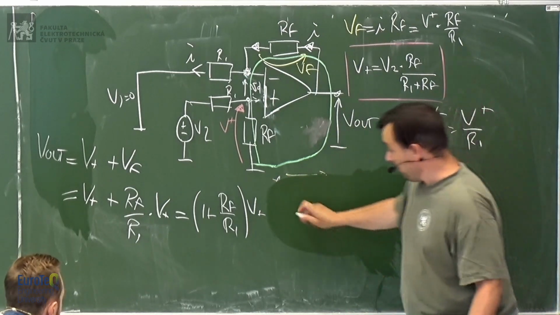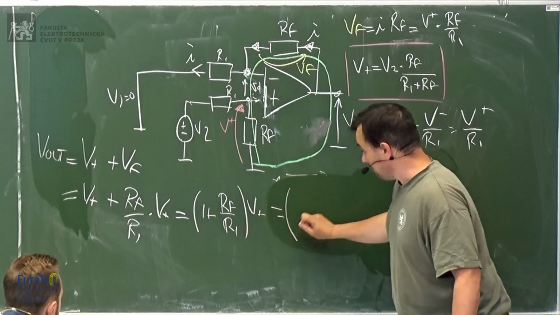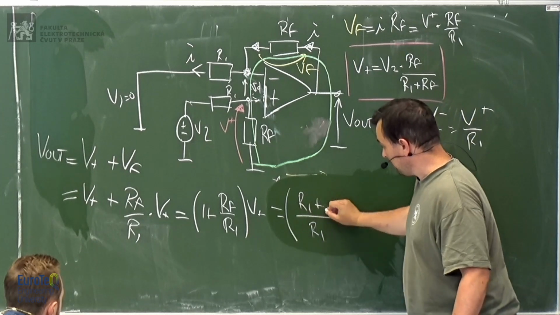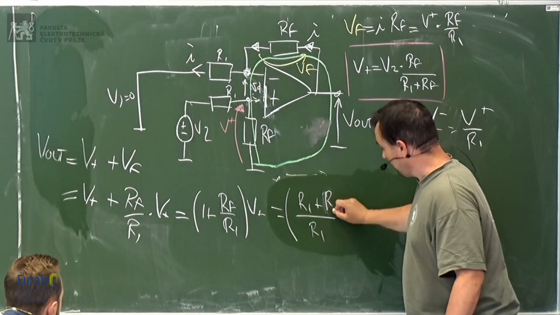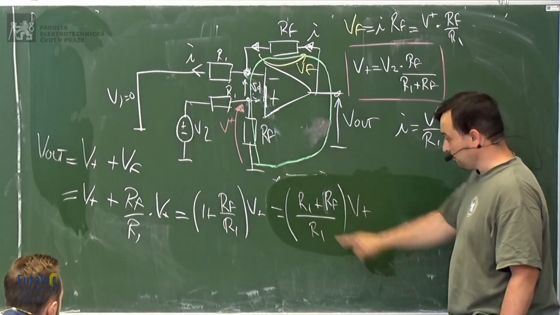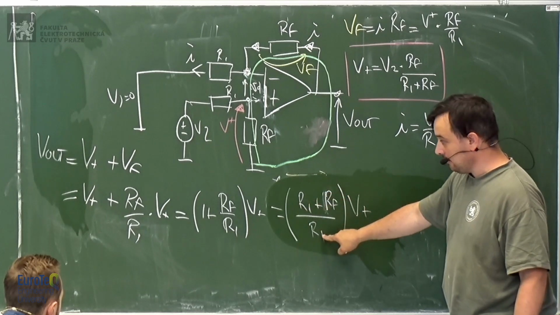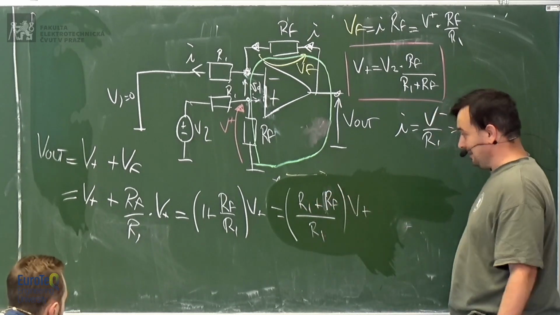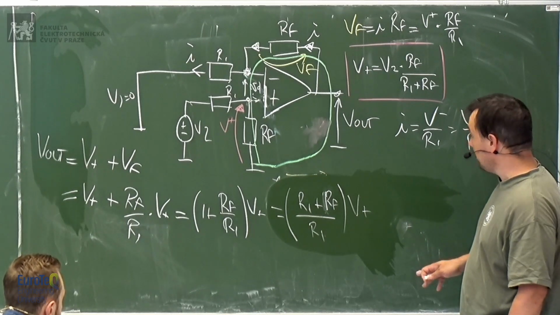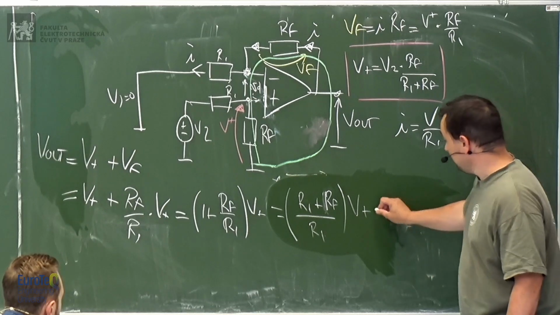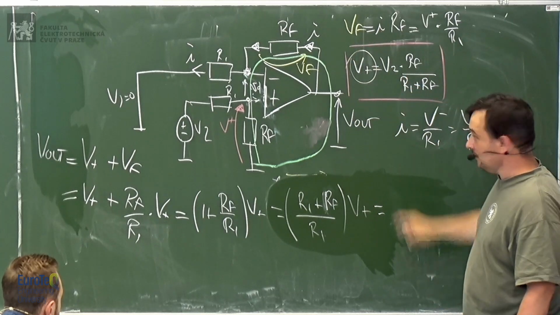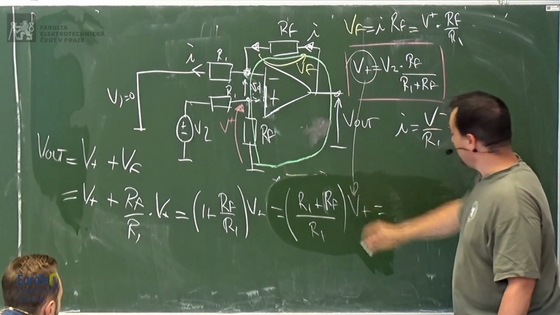Now, it's maybe better to write this as R1 plus RF over R1, correct? Because R1 divided by R1 is 1. It's just a way to write it down. At this stage, it's convenient to take the expression of V plus and plug it there.